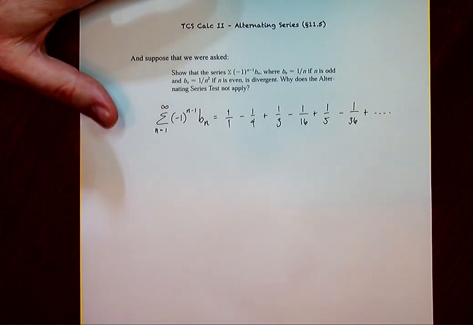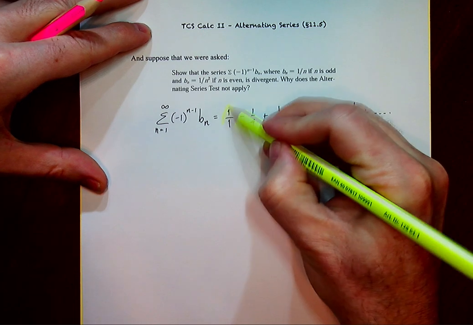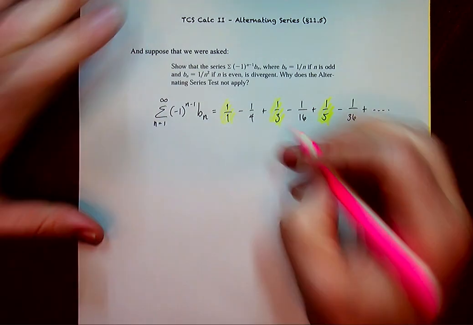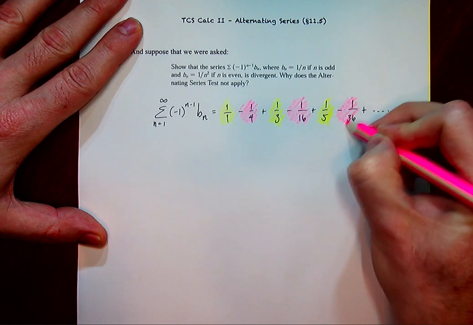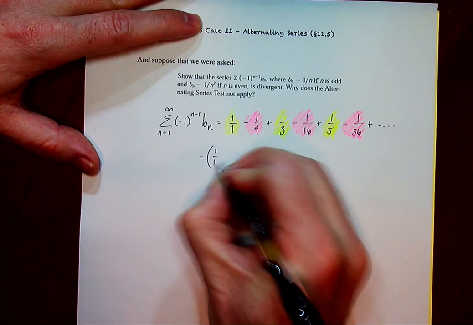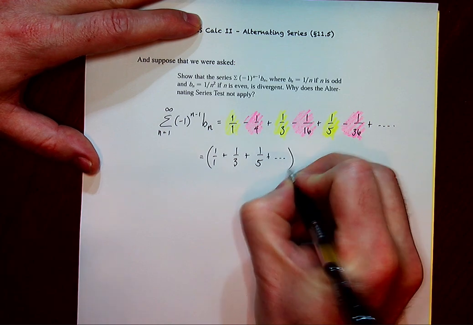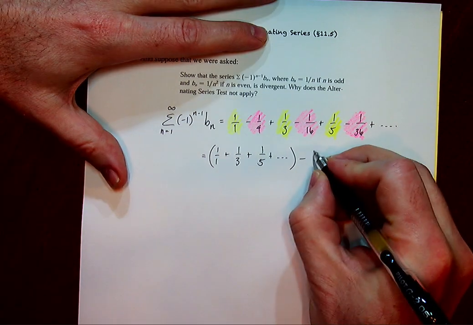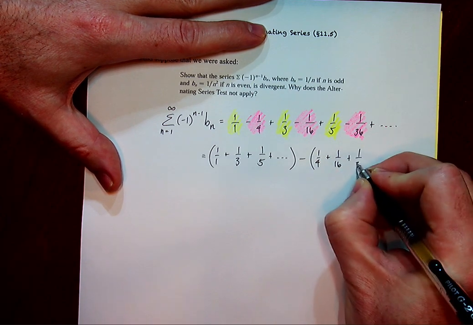So really, you actually could split these up. These are the 1 over n's, and these are the 1 over n squareds. And so you could split this up into 1 over 1 plus 1 over 3 plus 1 over 5 plus dot, dot, dot, minus, and you could factor out a 1/4 if you wanted to, but I'm not going to, 1/4 plus 1/16 plus 1/36 plus dot, dot, dot.